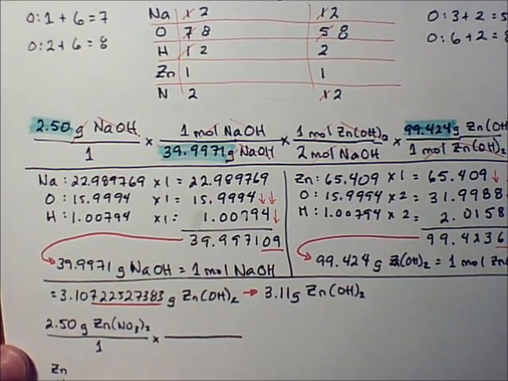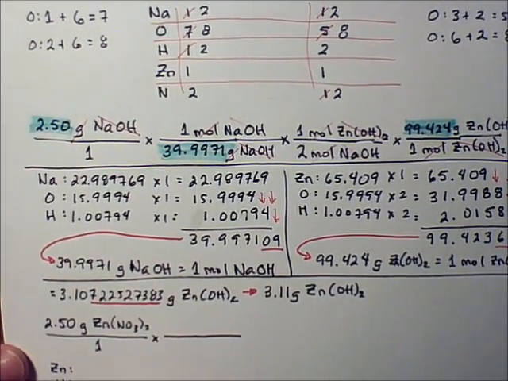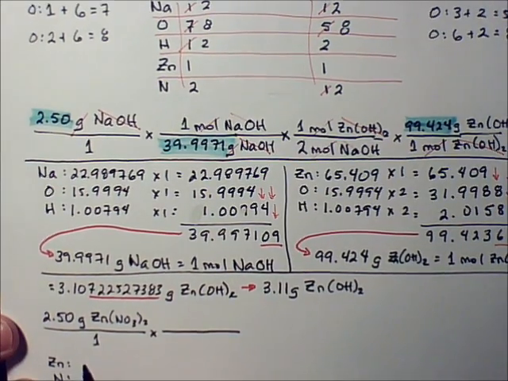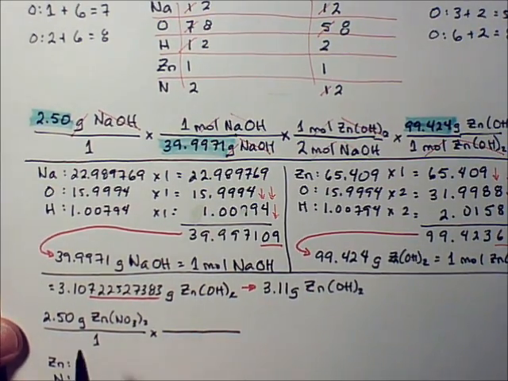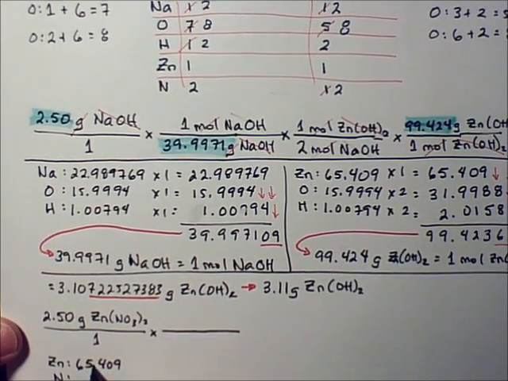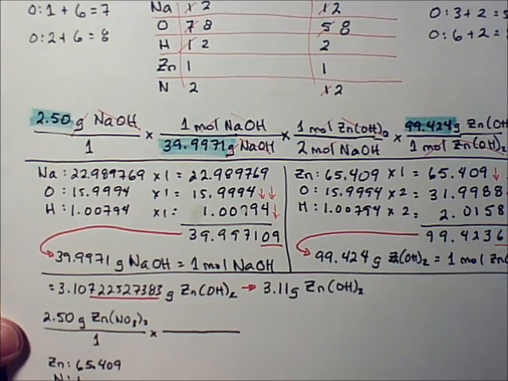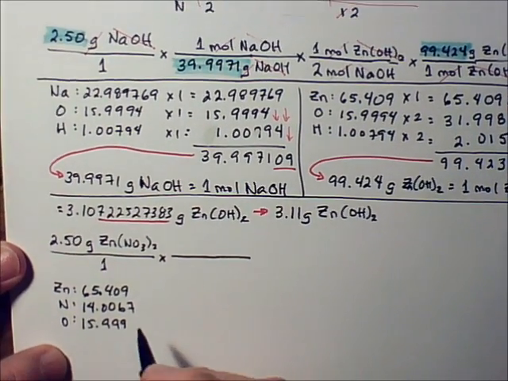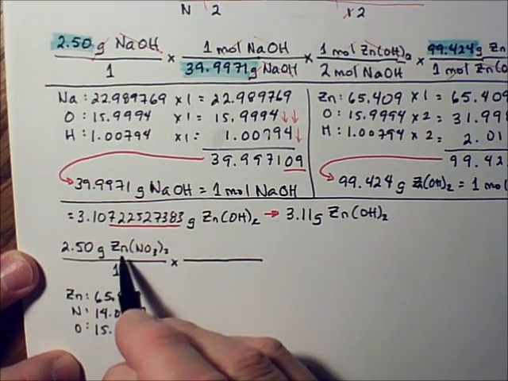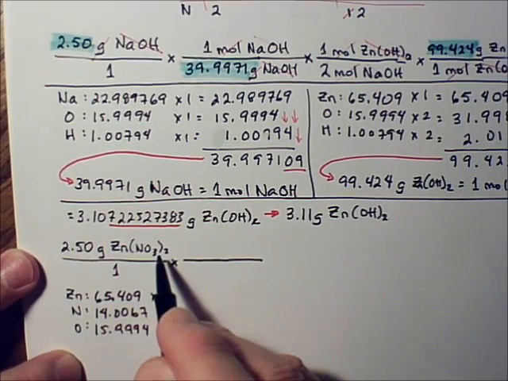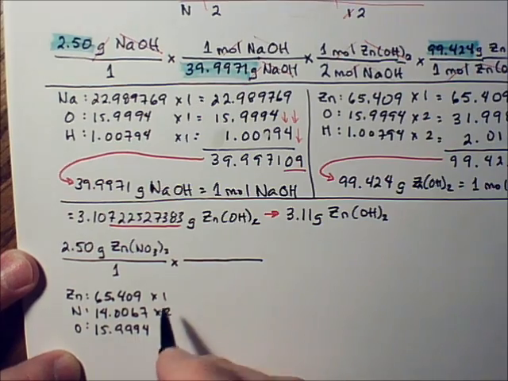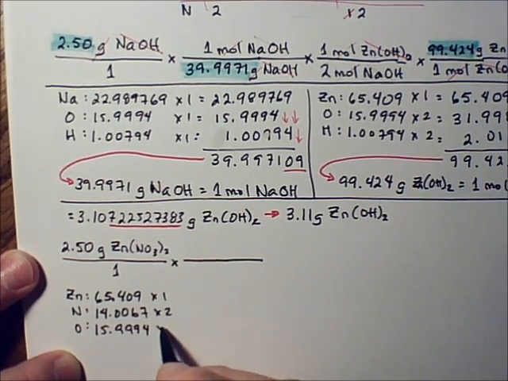Zinc, nitrogen, oxygen. Okay, so we've got 1 zinc, we've got 2 nitrogens, and 6 oxygens.